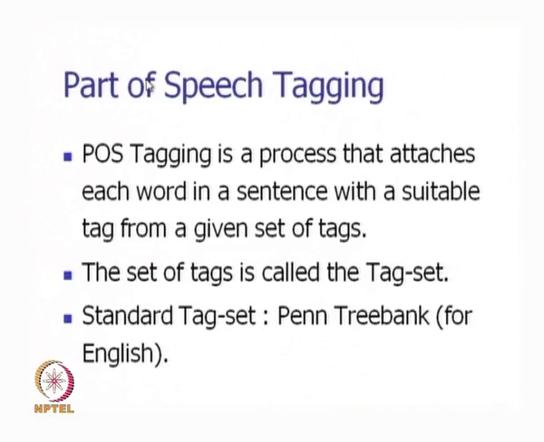We are saying that part of speech tagging is the process of attaching tags on the words of a sentence. So, the thing to note here is this entity called tag, which is like a label on each word. What these labels are, we are going to see in a minute. All right. So, the words are given these labels, and these are very informative for subsequent stages of processing.